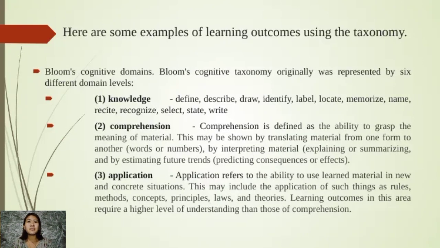So here are some examples of learning outcomes using the taxonomy. Bloom's cognitive domains. Bloom's cognitive taxonomy originally was represented by 6 different domain levels. So those are the knowledge, the comprehension, the application, analysis, synthesis, and evaluation.